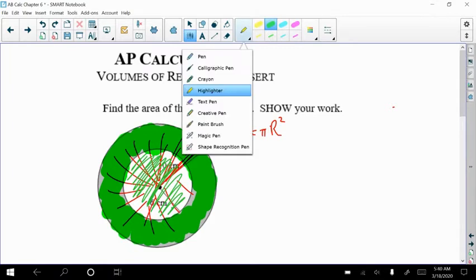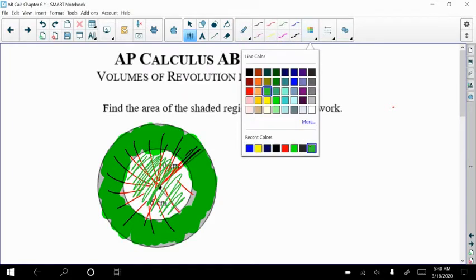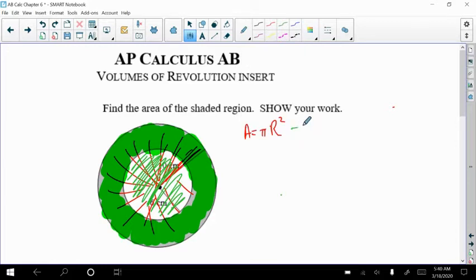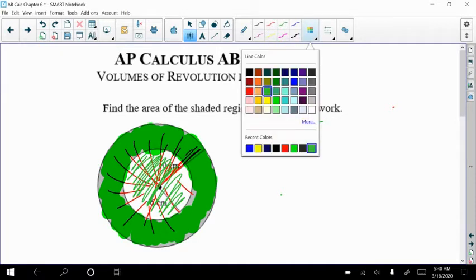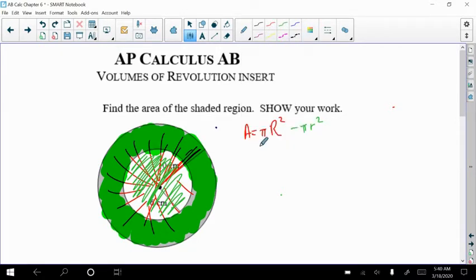that would be left over from doing big circle minus little circle. And so my hope is that you see that okay, so I could take away the little circle. And so the big circle had a radius of 10. So I could say, okay, that's 100 pi minus, and the smaller circle had a radius of 6, 36 pi. Okay, so 100 minus 36, so I get 64 pi as my area.